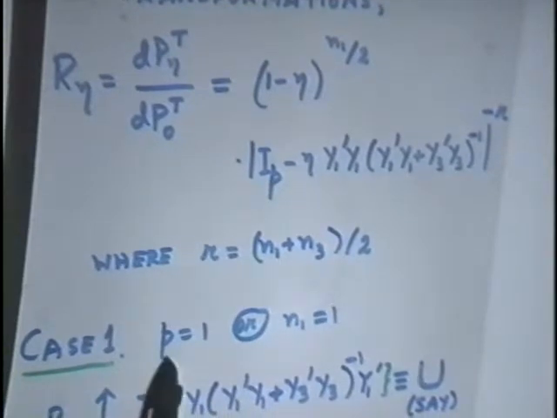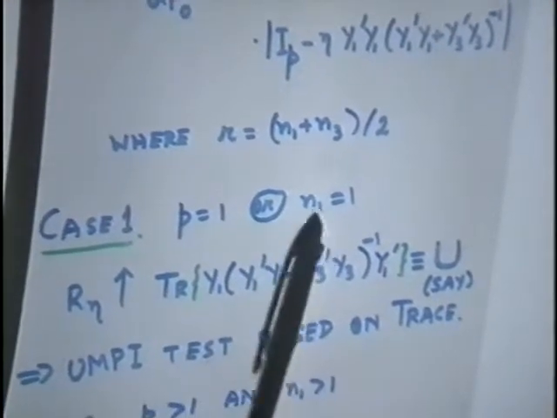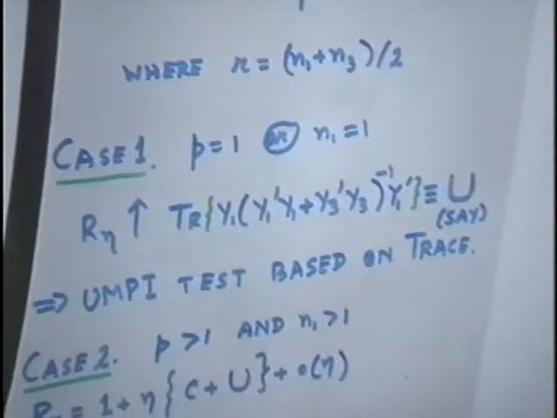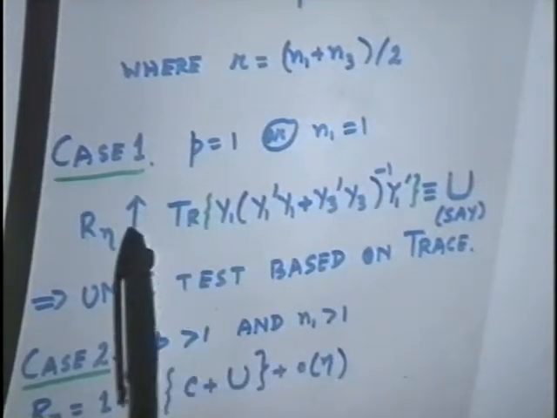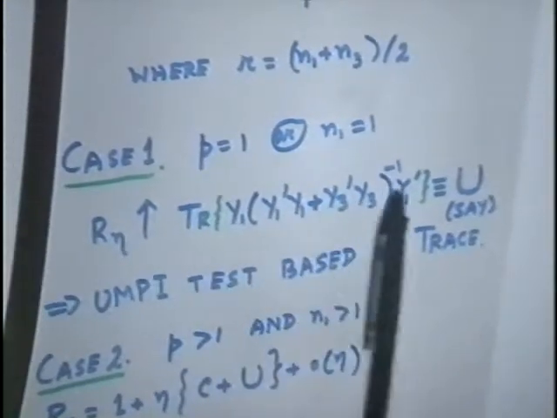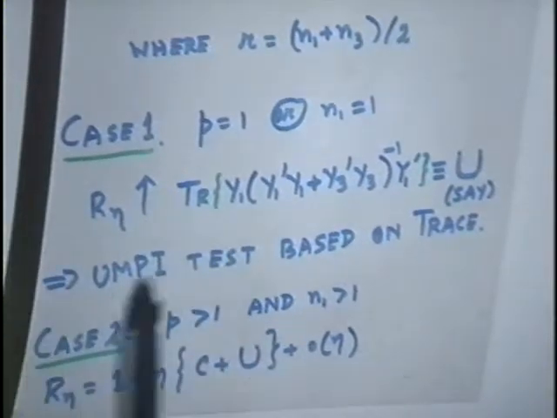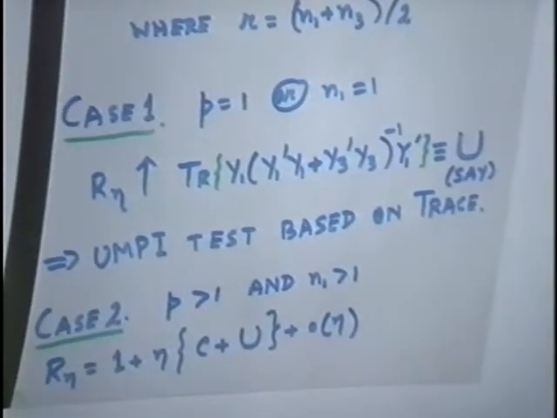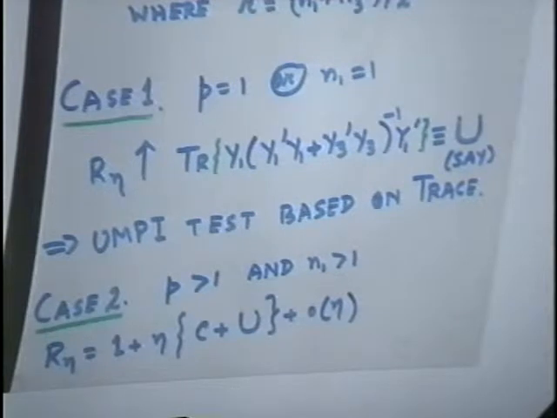If the dimension is equal to 1, or if the first matrix Y1 is of order 1 by p, if n1 is 1, so the minimum of p and n1 is 1, then one can show that the ratio is strictly increasing in the trace criterion. So that shows that there is a UMPI test for this problem based on the trace.